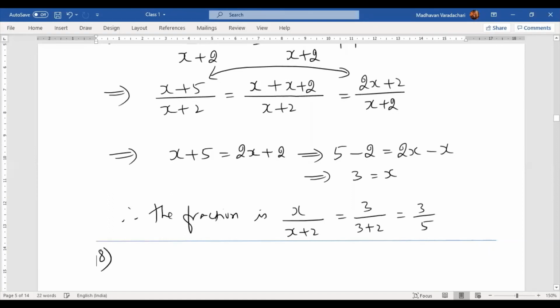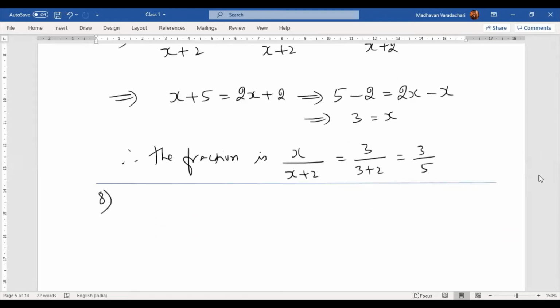Question number 8. A number consists of two digits.